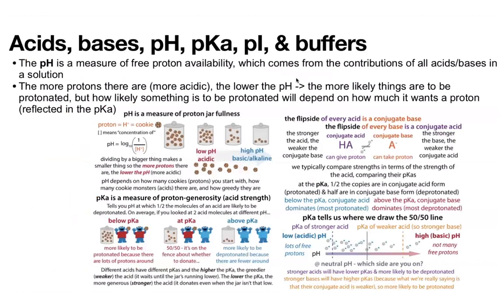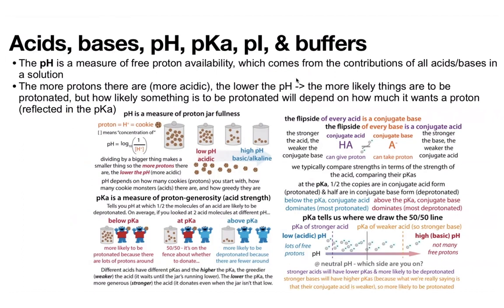Okay, so going back to our pH. The pH is a measure of free proton availability. And remember, this is the solution level, so it's going to come from the contributions of all the acids and bases in a solution. So the more acids there are, the more things are donating protons, so you're going to be more acidic. If you're more acidic, you have a lower pH because it's an inverse log.